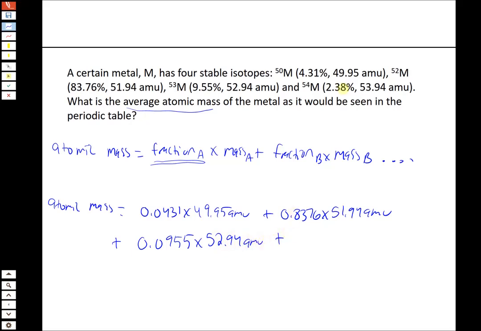And then the last isotope is 2.38%, which comes out to 0.0238, and a mass of 53.94. So remember, all the fractional abundances add up to 1, all the percent abundances add up to 100, and then when we multiply them by their respective masses and add them, that will give us the atomic mass.